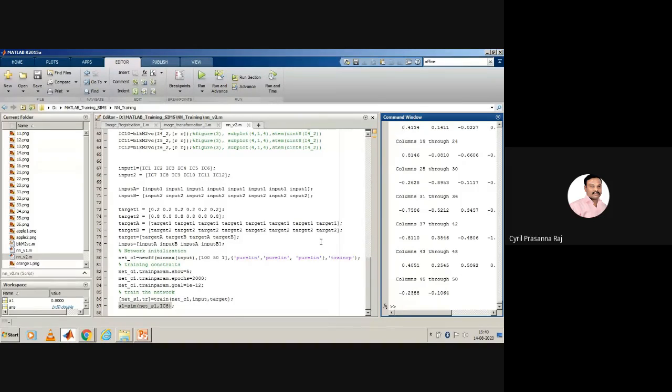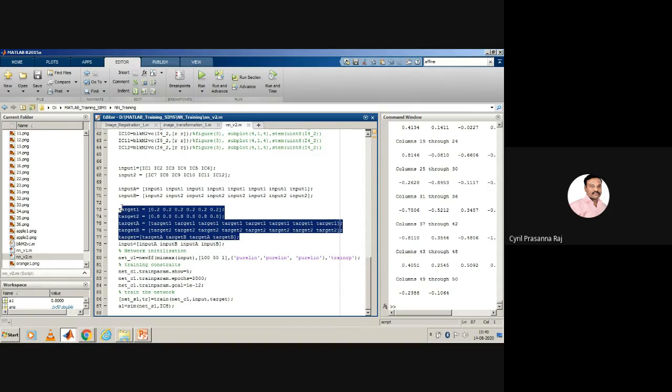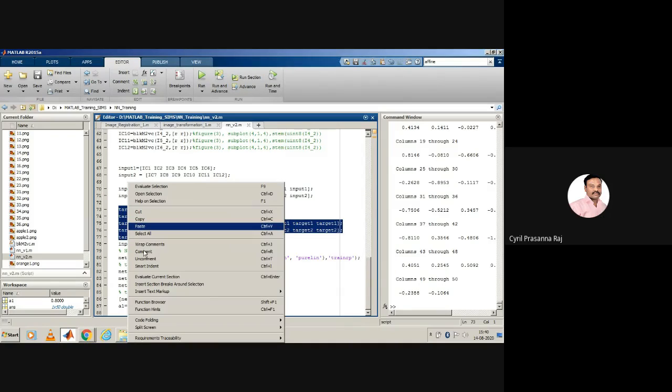The concept here is we are setting input A and input B. This is all fine. Now the targets we had set, I will comment out all these targets. It is taking some time, so I'm trying to remove the targets.